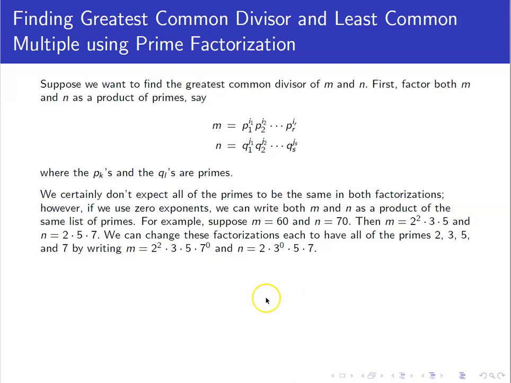And then I can insert a 7 to the 0 in the factorization of m, and a 3 to the 0 in the factorization of n, because those are the primes in the one that's missing in the other. So then I have the exact same list of primes in the factorizations for m and for n, and I haven't changed the numbers at all because all I've done is multiply by 1.